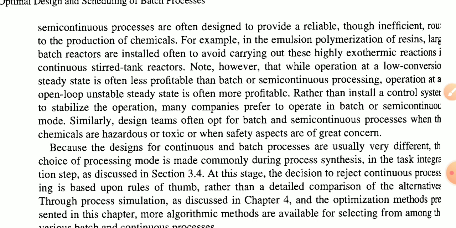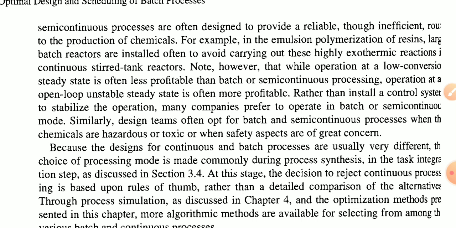when the chemicals are hazardous or toxic, when safety aspects are of great concern. Because the designs for continuous and batch processes are usually very different, the choice of a processing mode is commonly made during process synthesis.